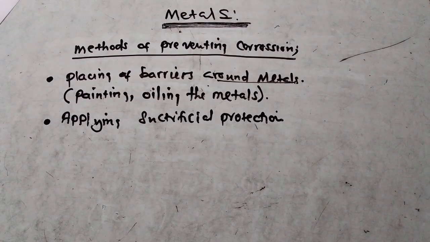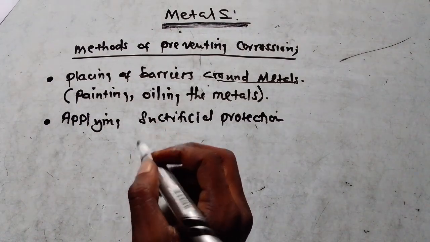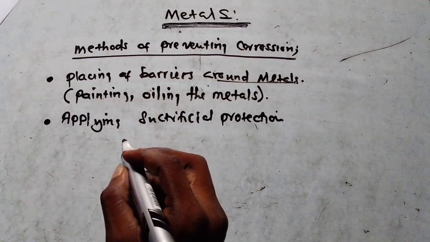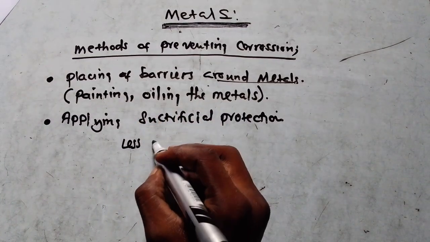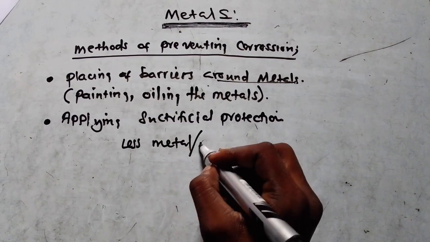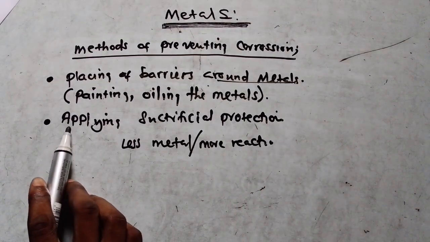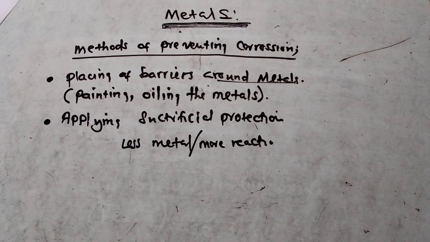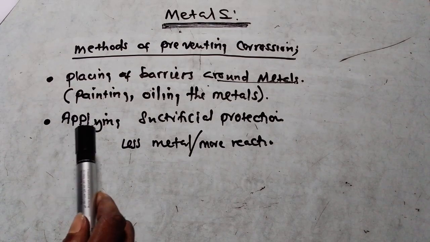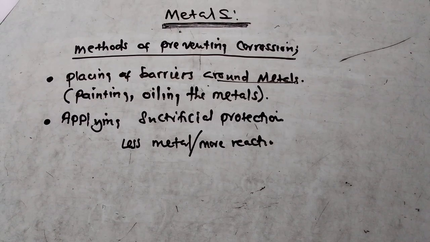This involves coating a less reactive metal with a more reactive metal, for example, galvanizing. This is an aspect whereby you combine the less reactive metal with a more reactive metal. By so doing, you can protect your metal from corrosion. That's what we mean by applying sacrificial protection.